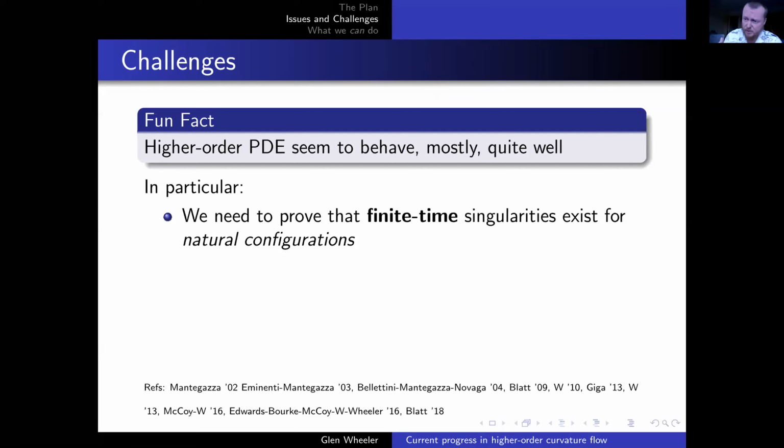Now, what we can prove, we can show that finite time singularities do occur. Now, why I've put natural configurations here is we can show that for some flows, like if you take the Helfrich flow of surfaces, the Helfrich flow is something like the Willmore flow, so the Willmore functional plus the area functional.